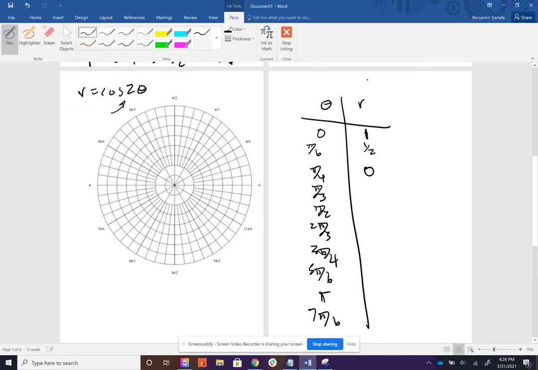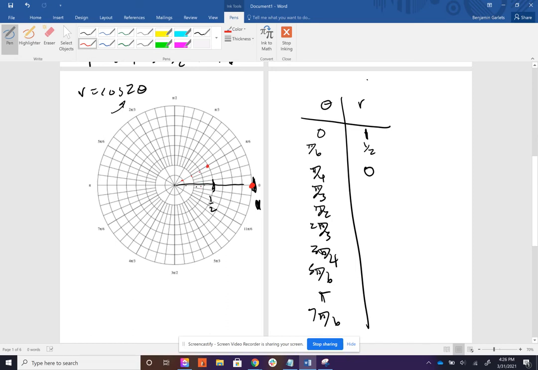So I'm going to graph this as our first leg of this experience. So we've got 0, and then let's make the full distance 1, so that we can go 1, 2, 3, 4. This can be 1/2. So when we do this, I've got 0, 1. I've got pi over 6, 1/2.